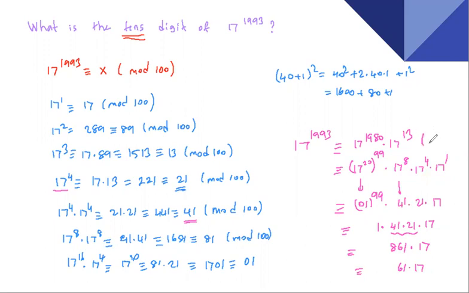And I just didn't write mod 100, but you can add it for the sake of writing mathematically correct statements. Okay, now if you multiply 61 by 17, you do get 1037. So if you take mod 100, that would be 37.